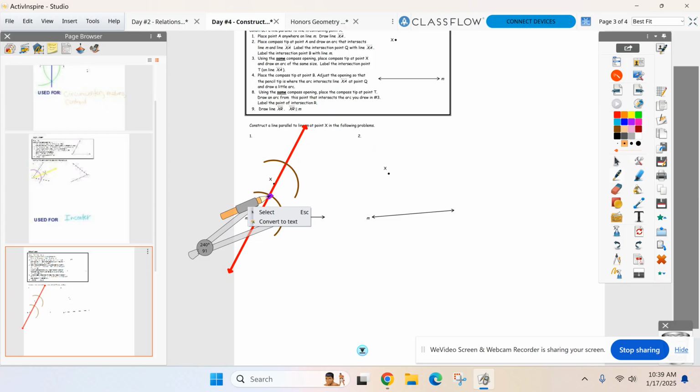All right, here's what you have to remember now. The final step is not going back to the end point. It's going back to where it intersected the ray. So head up right now, go past X, head up to the point of intersection there. And you want to make sure it intersects on the same side as the angle you are copying.